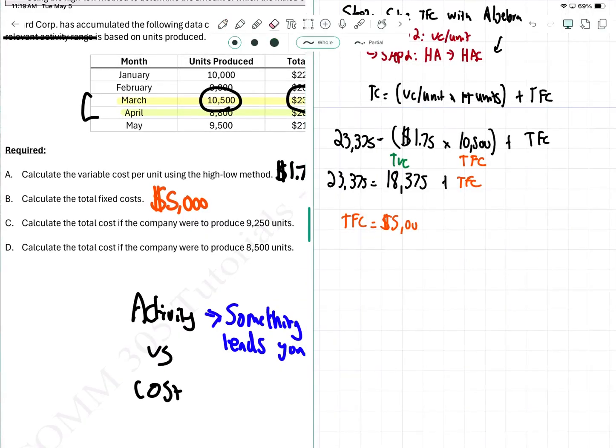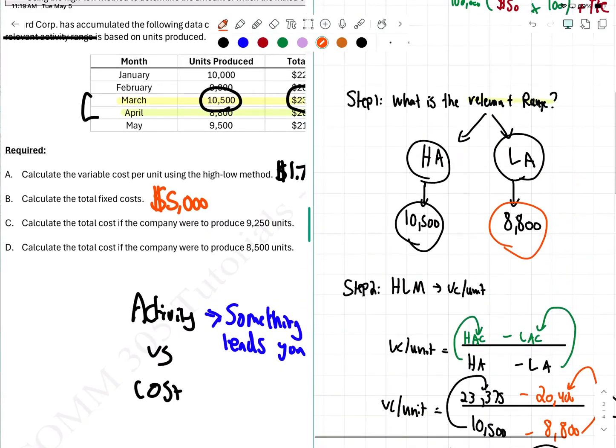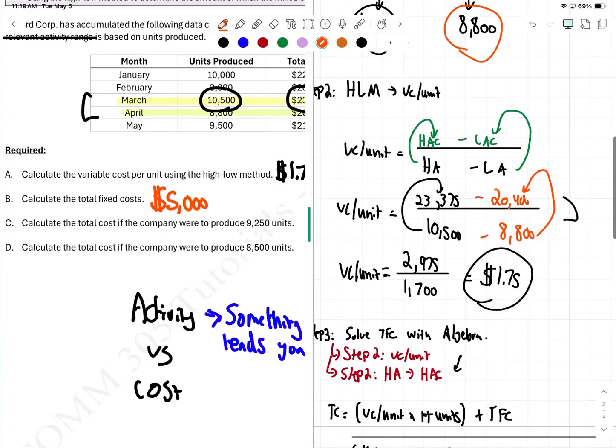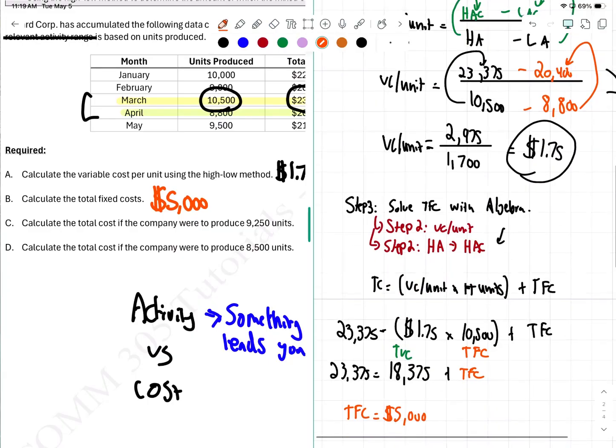So just to recap our steps. Step 1, find the relevant range because you need that for your variable cost per unit equation. Then we do the variable cost per unit with the high-low method, and we have a VC per unit of 1.75. Then for step 3, solving the fixed cost, all we have to do is pick the data points that we solved our VC per unit with.